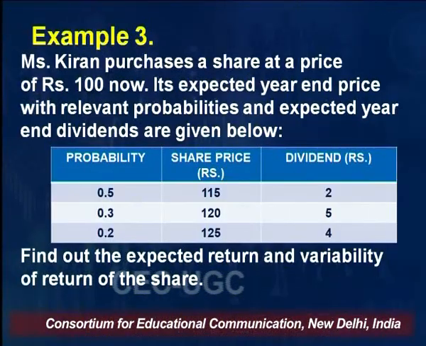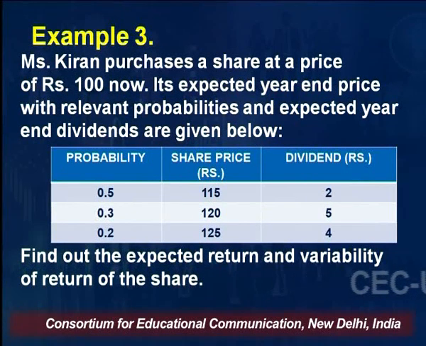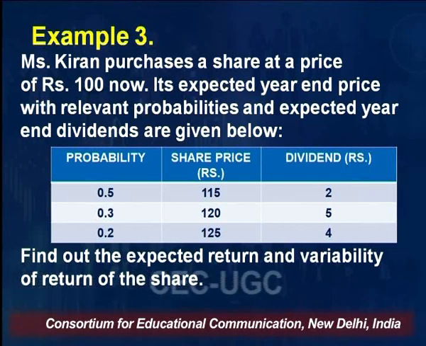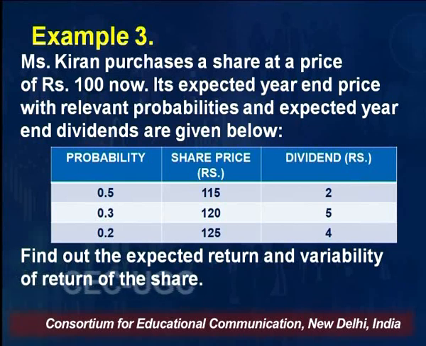Let's take one more example, right? Mr. Kiran purchased a share at a price of rupees 100. Now, after a year, the year-end price with relevant probabilities and the expected year-end dividend are given below. The probabilities assigned are 0.5, 0.3, 0.2, that is 50%, 30%, 20%.